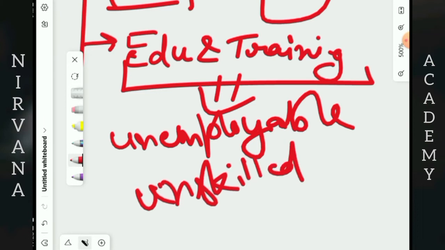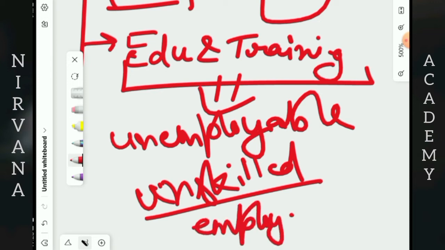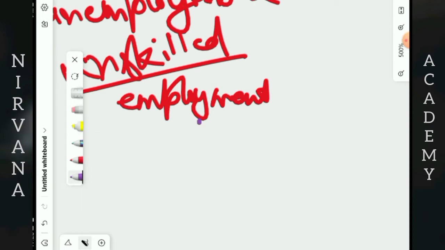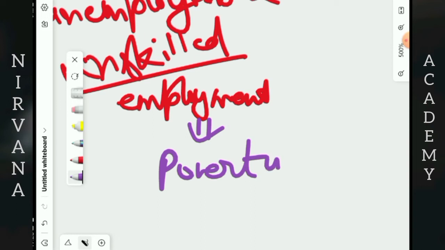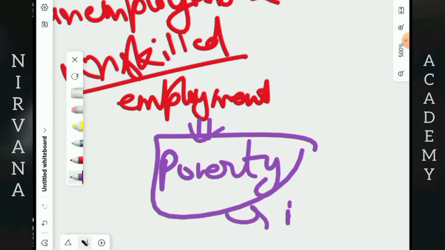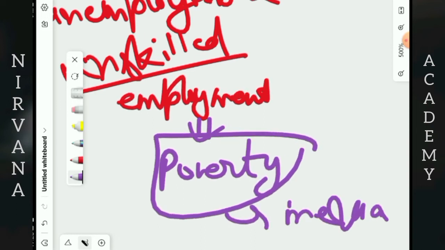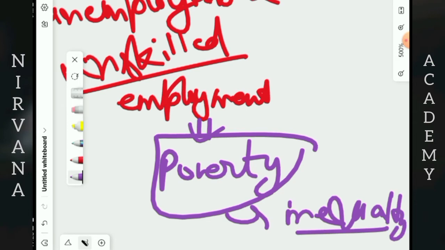They will not be able to find employment. That will become a cause of poverty, and that will cause inequalities between different sections of society.